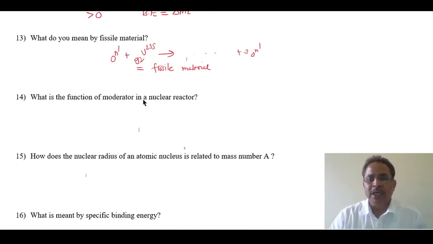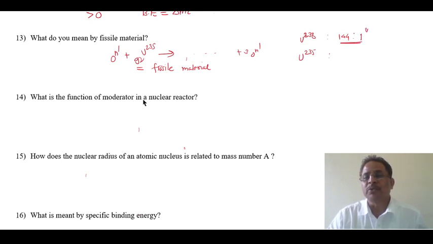We know that in natural uranium there are two entities existing, uranium 238 as well as uranium 235. If we go on finding the proportion of uranium existing in nature, you will find that for 144 atoms of uranium 238, there is one atom of uranium 235.